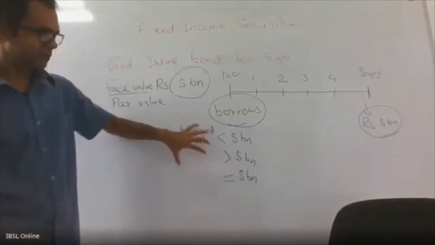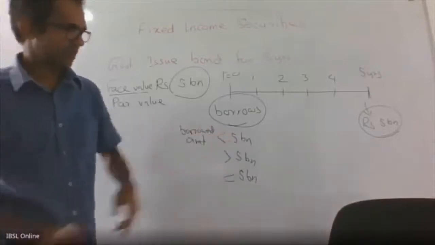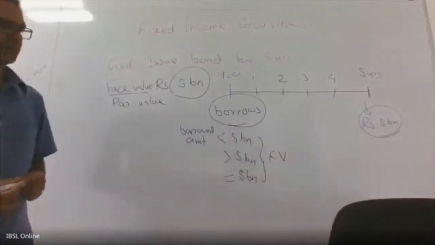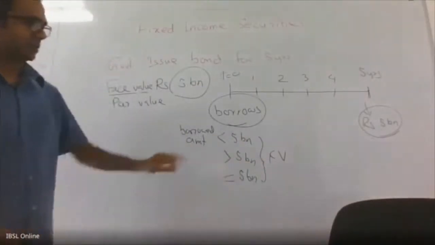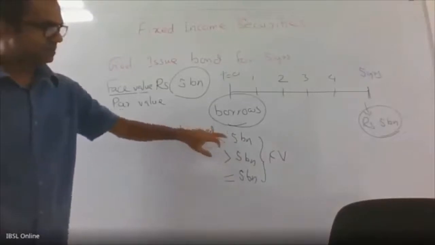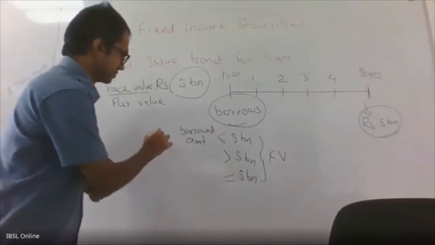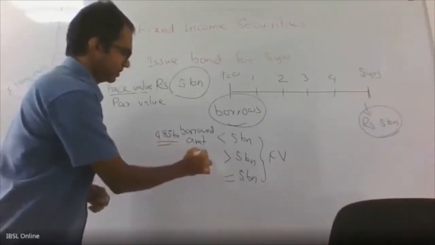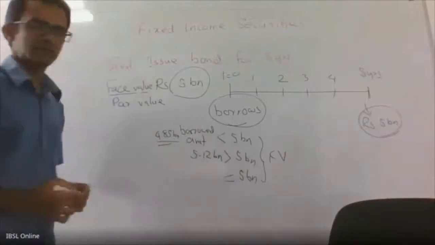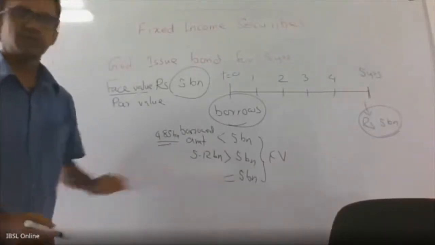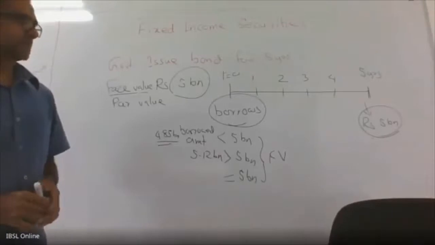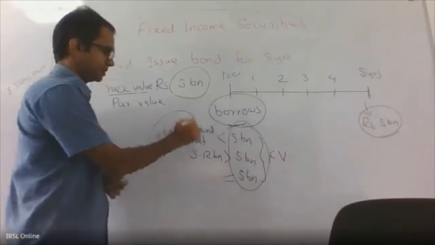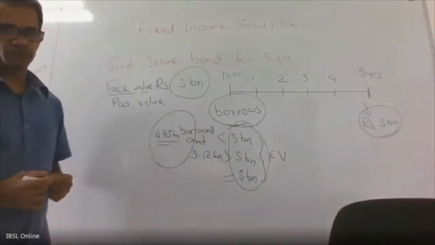The amount borrowed may be less than 5 billion, the face value. Maybe 4.85 billion, or maybe 5.12 billion, or maybe exactly 5 billion. There's a difference between face value and the amount borrowed.